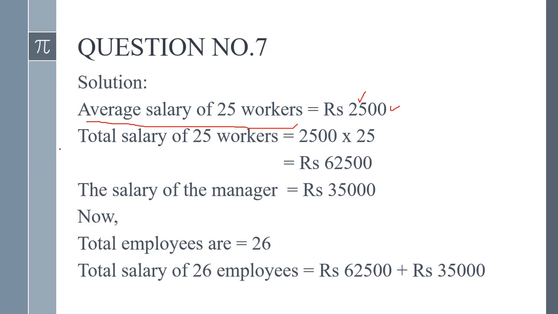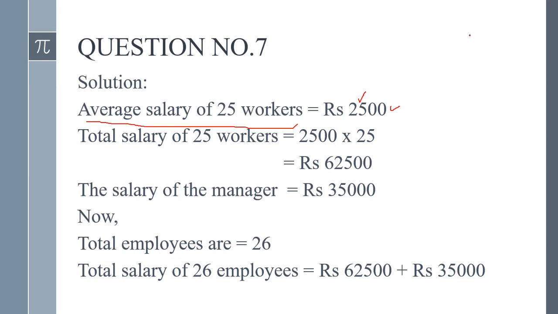Now we need to calculate the total salary of 25 workers. How is it calculated? We need to multiply the average salary by the total number of workers. So 2500 multiplied by 25 will be equal to 62,500. It means 62,500 rupees. How?